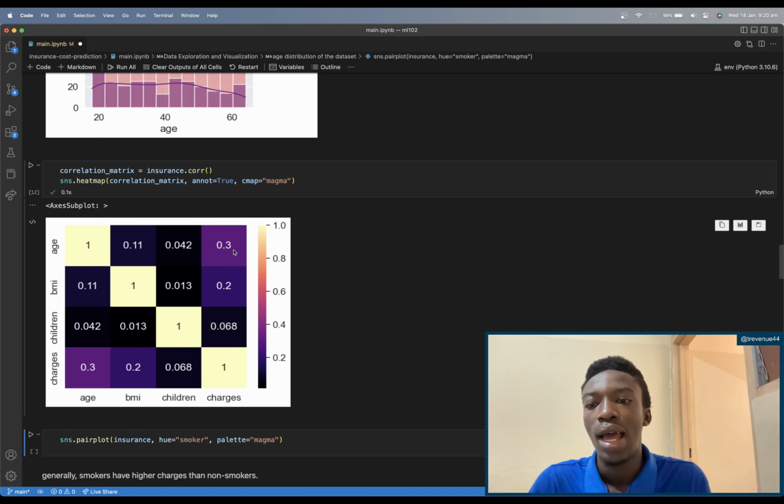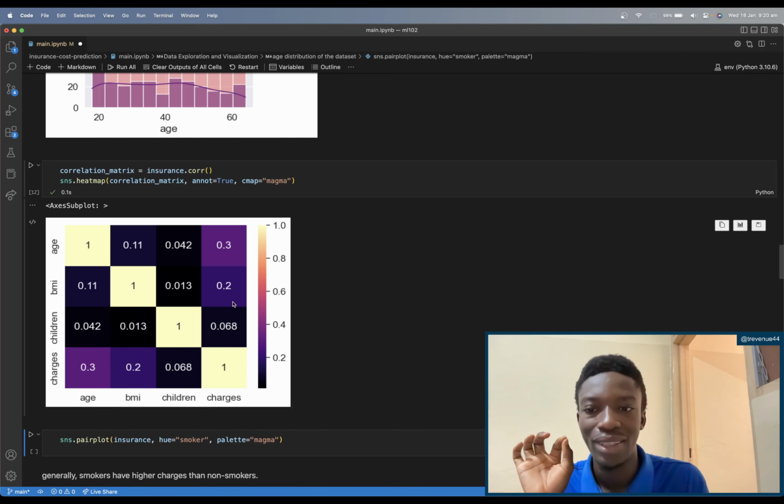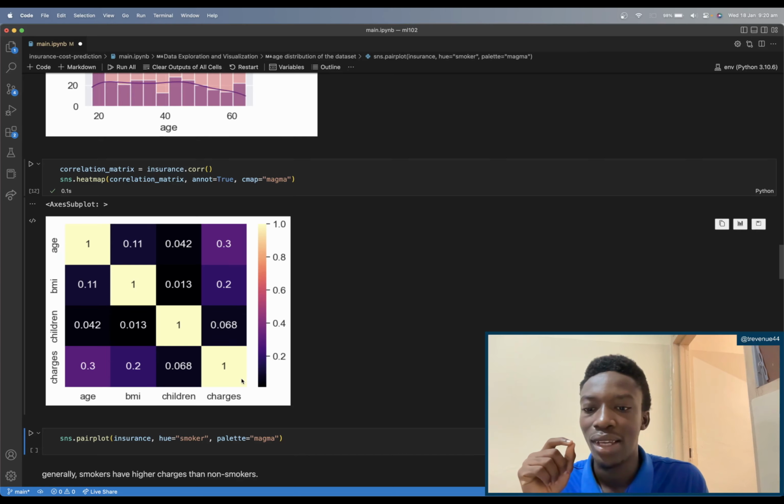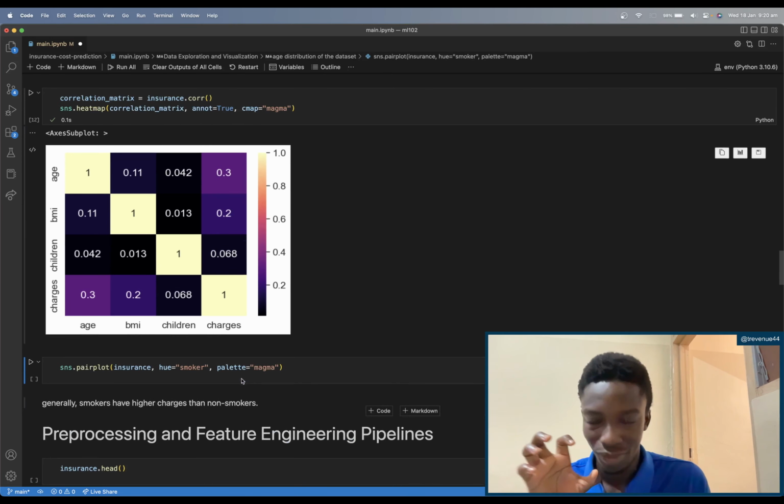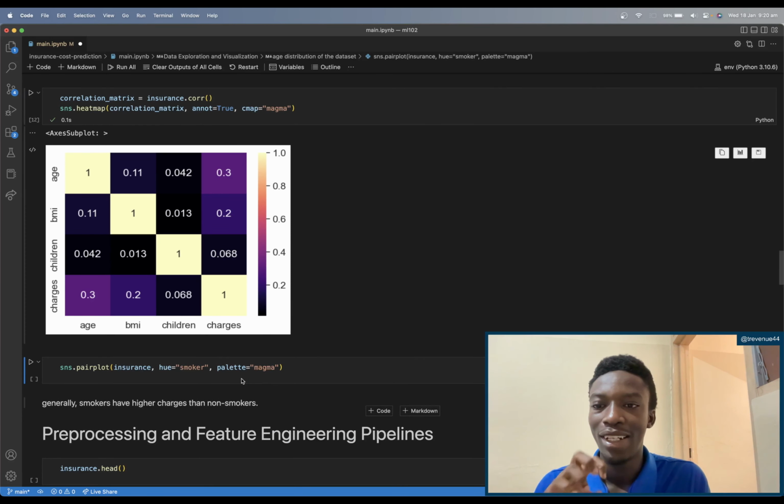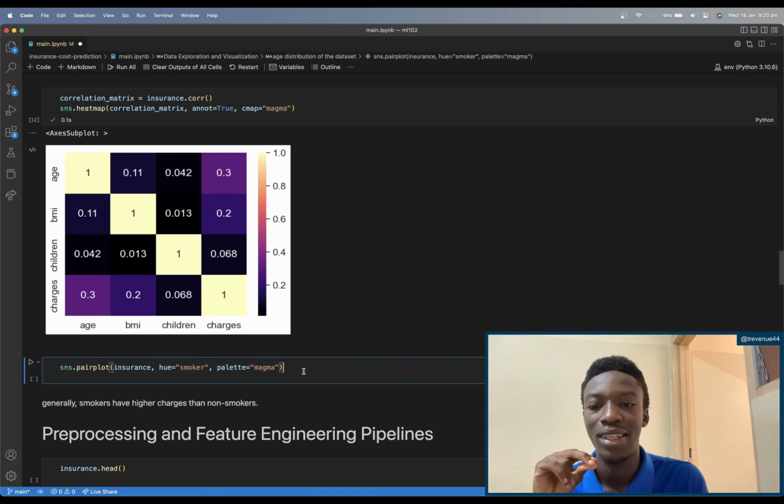So as the age increases, the charges also increase a bit. There's also a little bit of correlation between the BMI and the charges, but that doesn't really allow you to say that they are very much correlated, and as such that this would affect it that much.